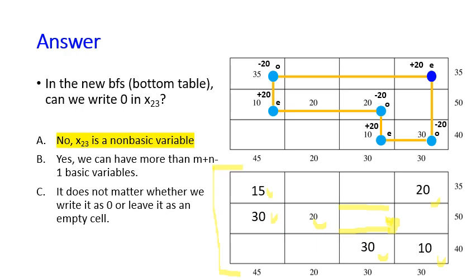We must only have 6 basic variables because in this case there are 3 suppliers and 4 demand points, so we can only have m plus n minus 1, which is 6 basic variables. That's why you must not write anything in this cell.